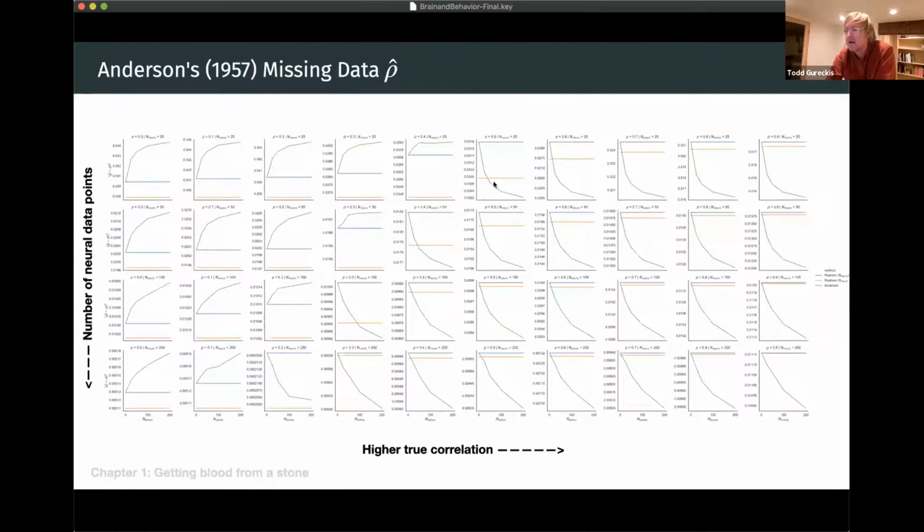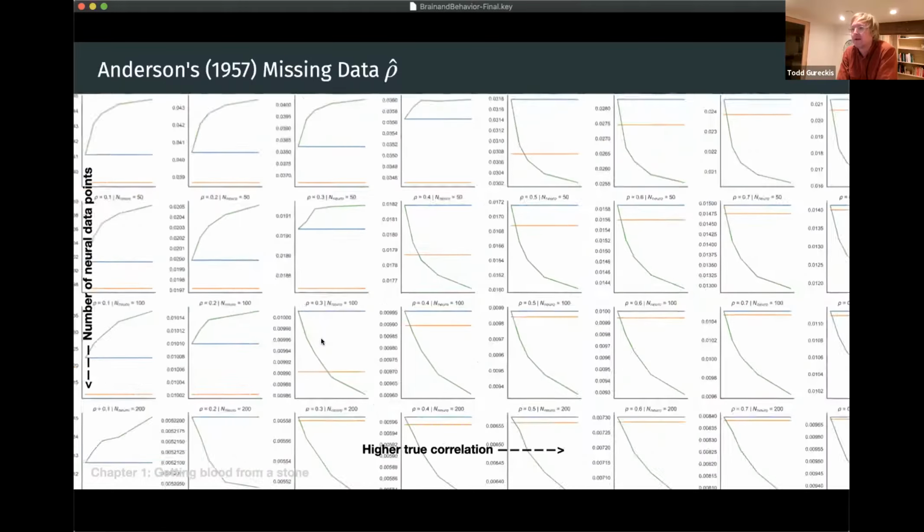It works reasonably well for cases where there are mild to strong correlations between the behavioral measure and the brain signal, and where a reasonably large number of subjects have both measurements made.